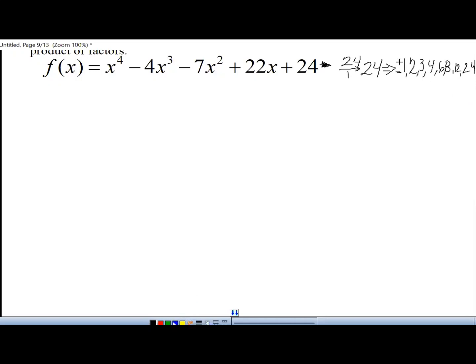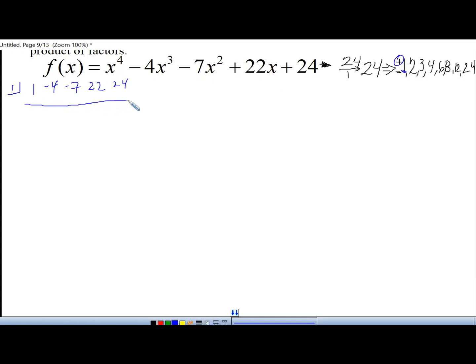So where do we start? Oh, Mr. Q, we start with positive 1. Okay, so I'm going to write it over here, positive 1. And let's write our coefficients and constant. What are my coefficients here? 1, negative 4, negative 7, 22, and 24.